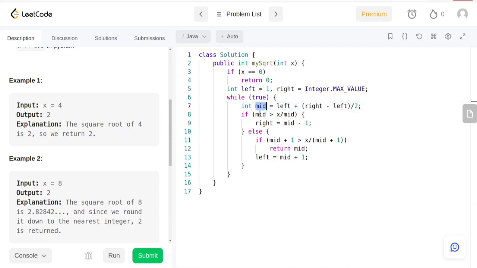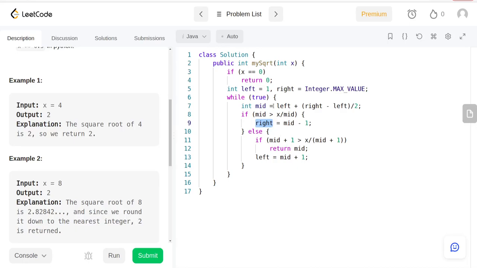So if the midpoint is greater than x divided by mid, we're going to say that we are on the higher side.